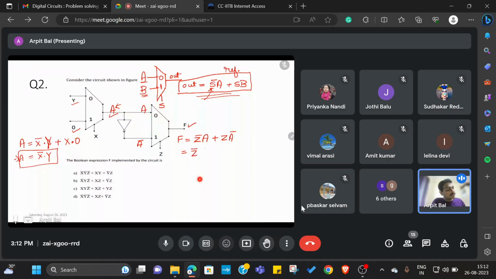So we will have z bar x bar y plus z times (x bar y) whole bar.